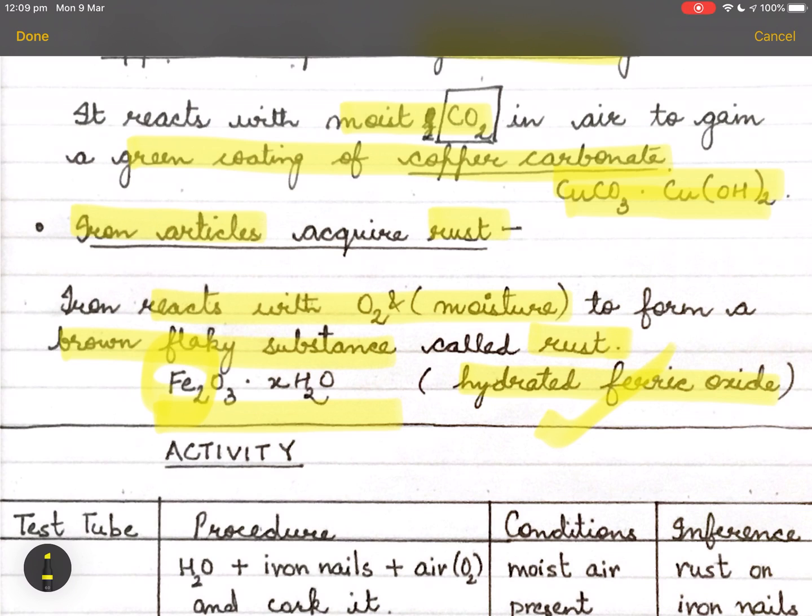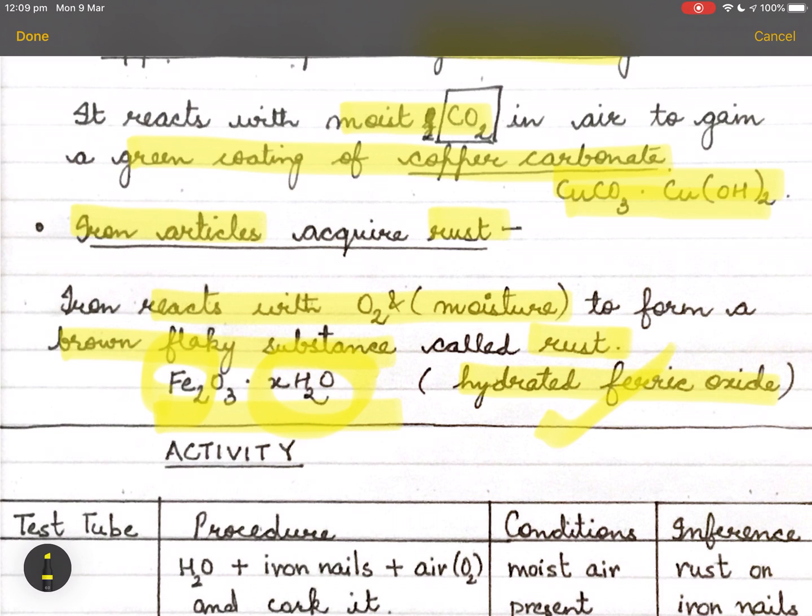These X are the molecules of water which have attacked along with the oxygen on the surface of iron. So don't forget to add XH2O.